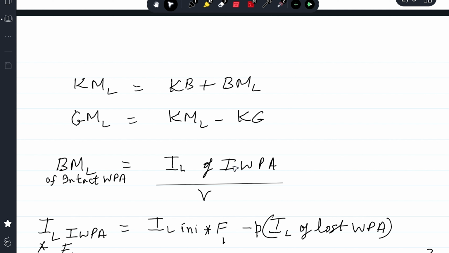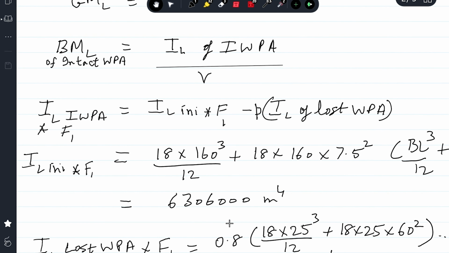So moment of inertia of the intact water plane area will have to be found by subtracting the lost water plane area from the total water plane area.